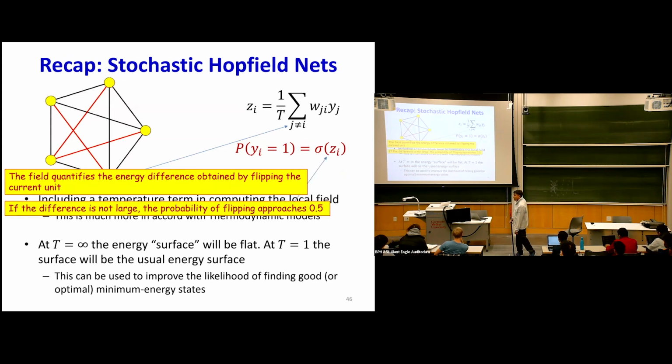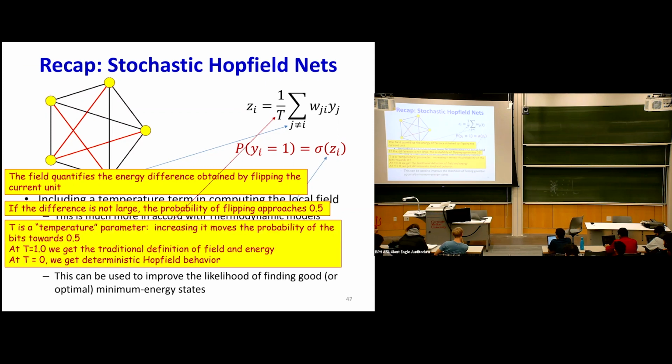If I have a neuron, and it can take a value either 0 or 1, and the difference in the energy between when the neuron is 0 and when the neuron is 1 is not very much, then the probability that the neuron takes the value 0 or 1 is going to be close to 0.5, because both of them are almost equivalent. As this difference increases, the probability of taking the value which results in the lower energy is going to keep increasing exponentially. So that's what this whole thing sets up, right?